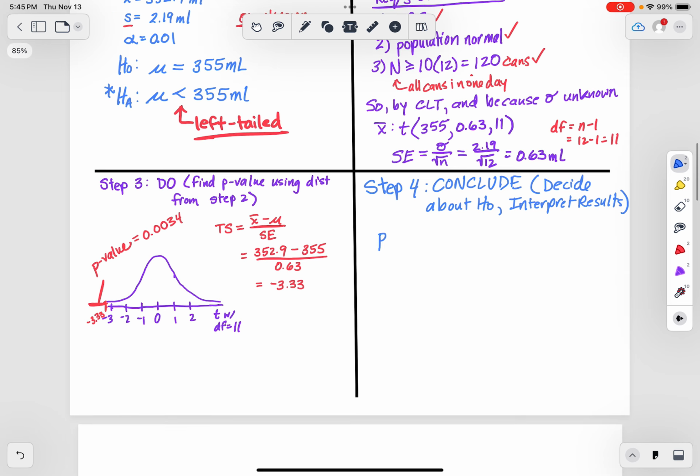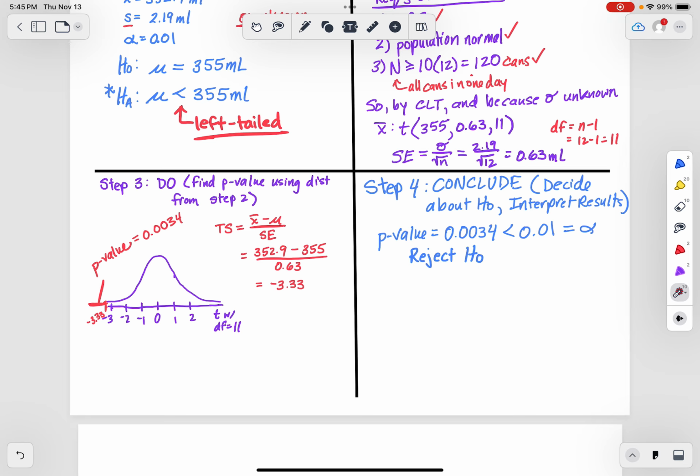Our p-value came out to a really small value of 0.0034, which is less than our significance level of alpha. And so when the p-value is low, you're going to reject the null. So reject the null hypothesis.